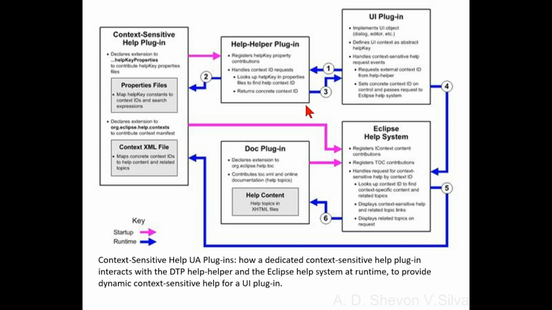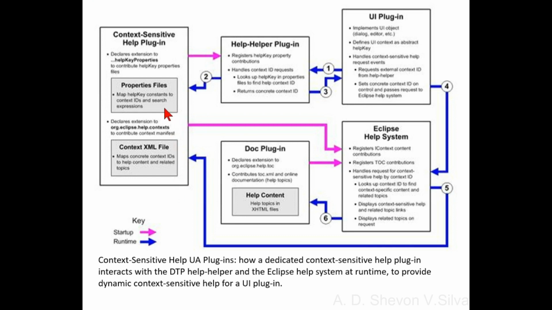The helper plugin registers help key property contributions, handles context ID requests, looks up the help key in properties files to find help context IDs, and returns the concrete context ID. The helper plugin is connected to the context-sensitive help plugin, which declares an extension to help key properties to contribute help key properties files. Inside the context-sensitive help plugin, you can see properties files and a context XML file.